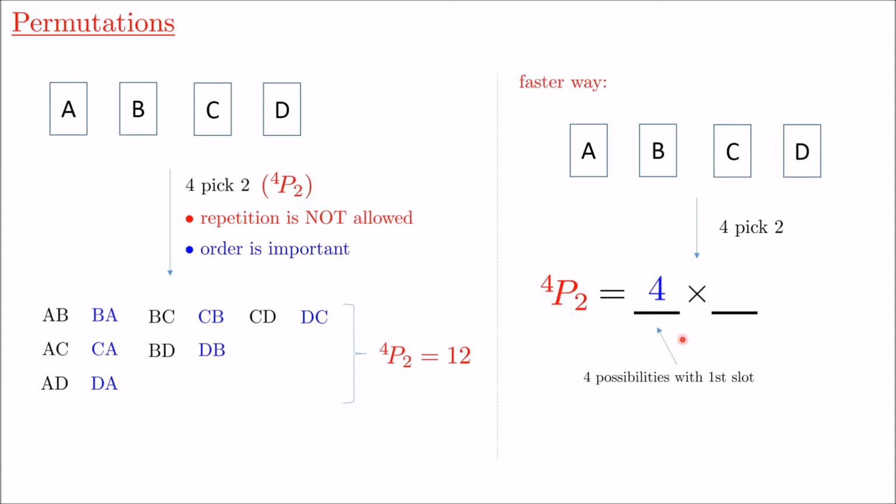So there are 4 choices. But as soon as you grab one of these items, so let's say you grab the card A, it's gone. So now as you make your second choice, because card A is gone, no repetition is allowed, and so now you're left with 3 choices only. So there are 3 possibilities with the second slot. And multiplication of these 2 possibilities gives us the 12 that we want.